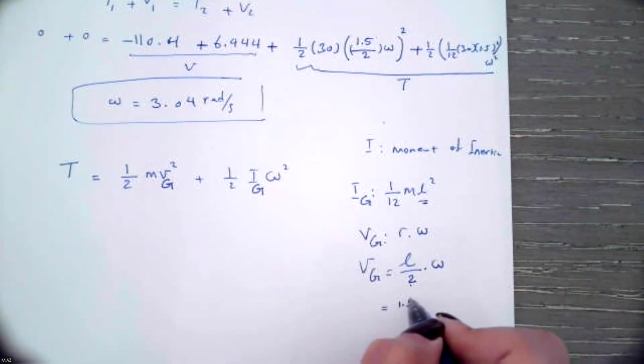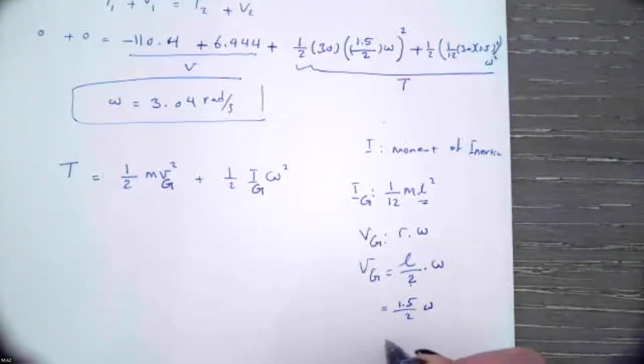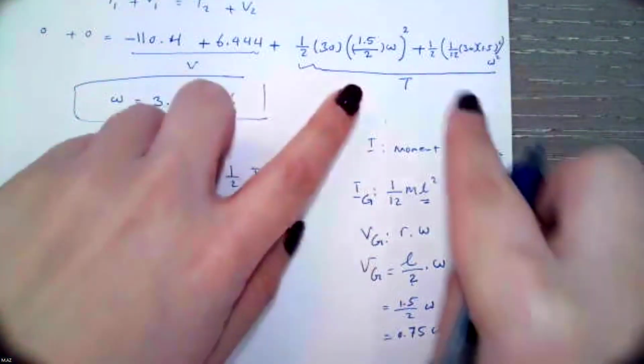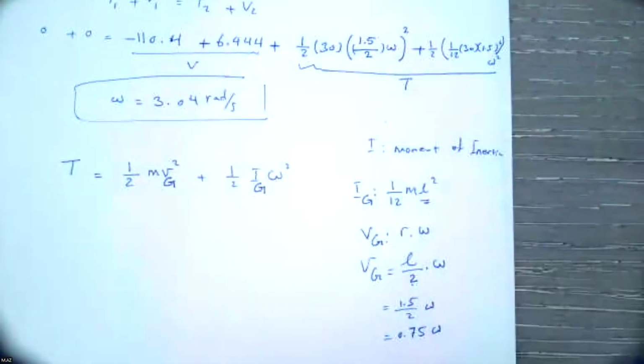This means 1.5 over 2 omega, 0.75. I'm using this term for the linear translation motion of the rod.